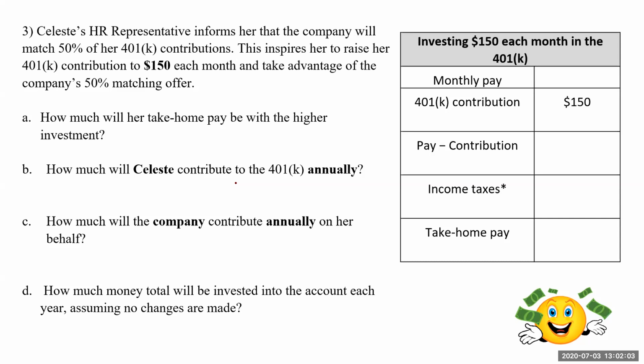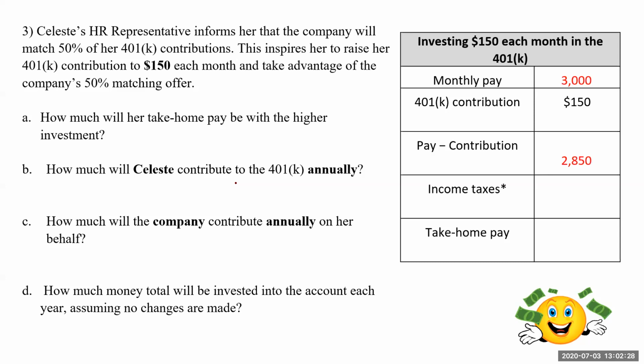So the company says, okay, whatever amount you decide to contribute, we are going to contribute 50% of that. And let's look at that scenario. Okay, nice. So Celeste's monthly pay still remains $3,000. Her contribution now has been raised to 150, right? So we do pay minus contribution, and Celeste has 2,850.